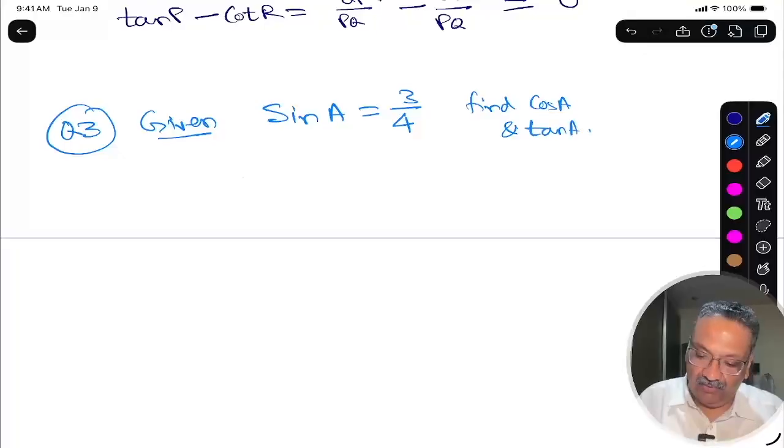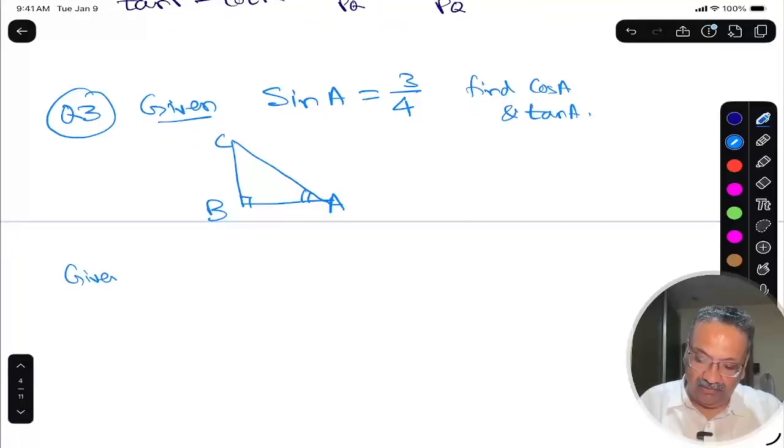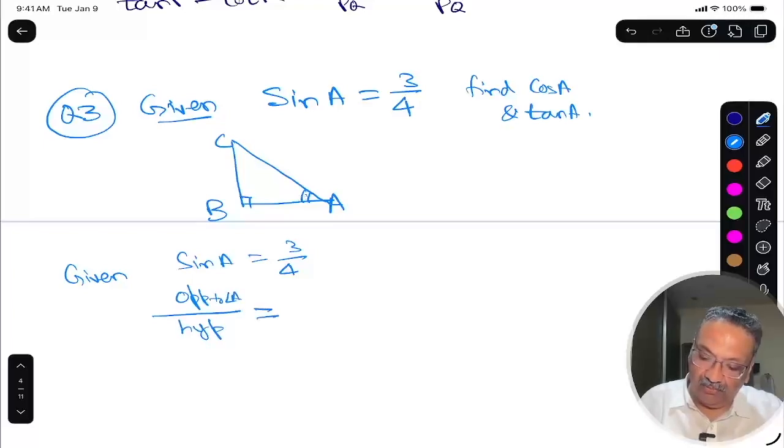Okay, so let us now consider a triangle ABC with right angle here and angle A is here. It is given sin A is equal to 3 by 4. That is opposite to angle A divided by hypotenuse. What is opposite to angle A?